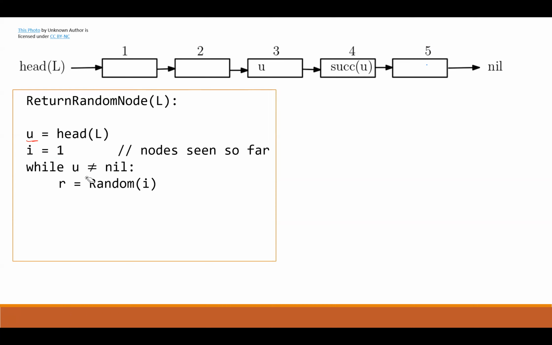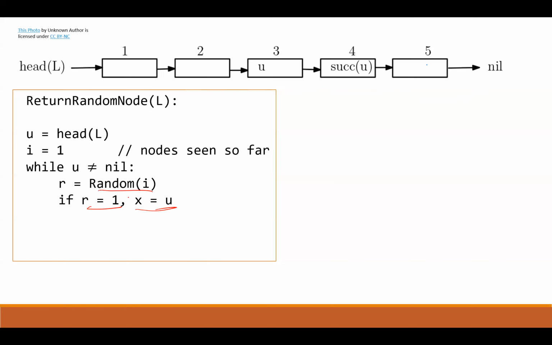So while U is not equal to nil, I choose an integer R, which is a random number between 1 and I. And then if that value is equal to 1, then I store what's at my current node. So I have that one piece of memory to store something. If R returns 1, I throw away what I saw before and I store the new thing.